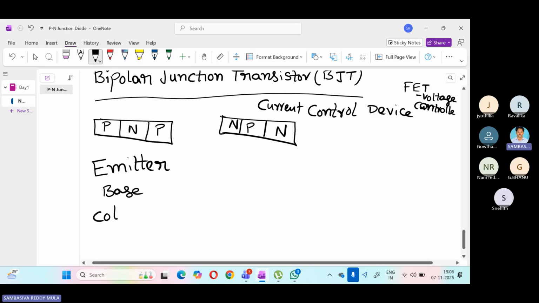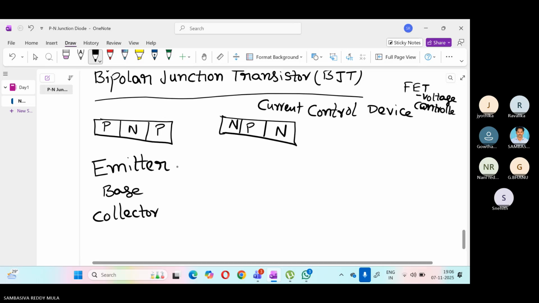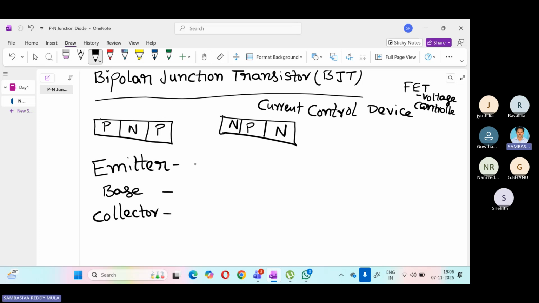These are the three terminals. Generally, the emitter is a thick region when compared to the base region. Base is a very thin, small region.